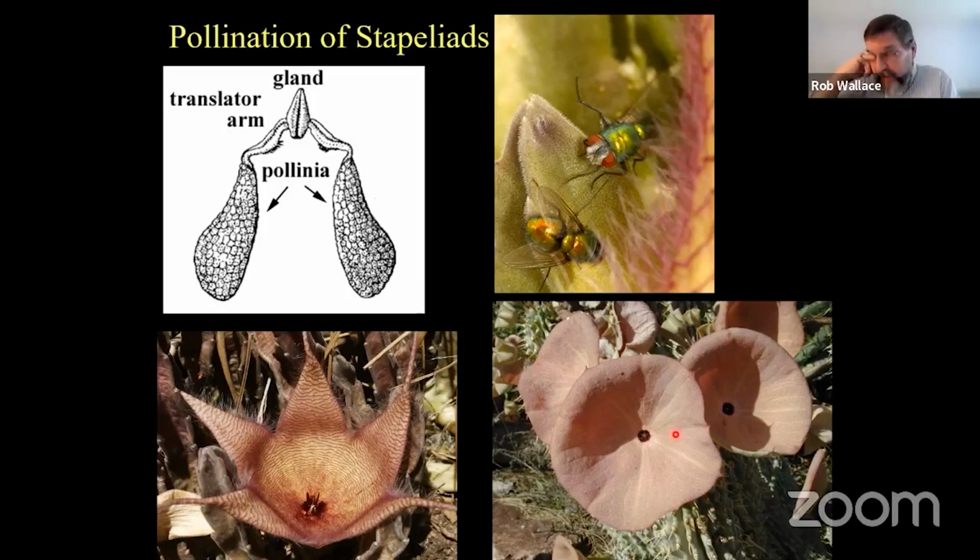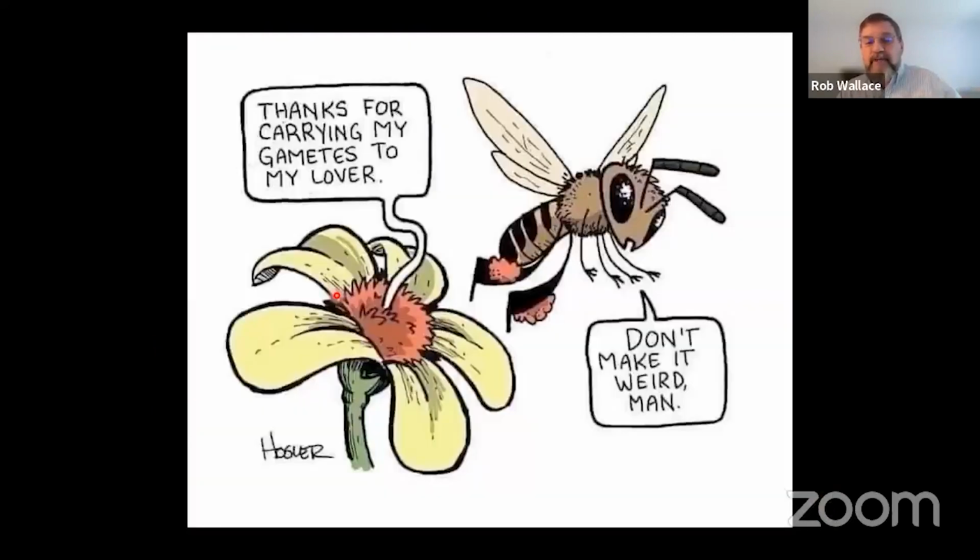Anyone who has grown these in their greenhouse or in their house on the windowsill or wherever that has flowered these knows that that smell is of some sort of rotting plant or animal matter that attracts the flies, and the flies then are able to go past certain parts specifically and pick up bags of pollen like this, the so-called pollinia, which are attached by translator arms to this gland, which is sticky. That gland sticks to parts of the fly, and as the fly flies to the next flower, it will wipe off that whole structure, that pollinium, and affect pollination that way. So this is one of the mechanisms that, again, becomes very specific, pollinator to the specific flower.